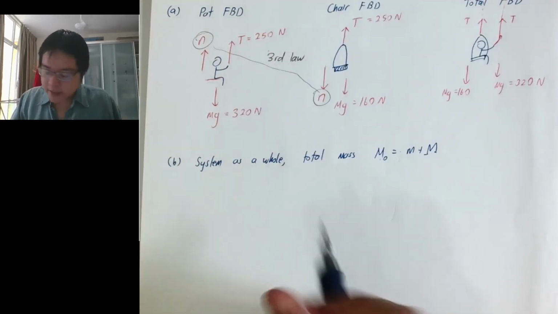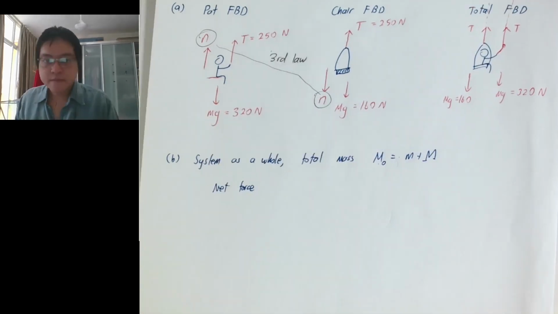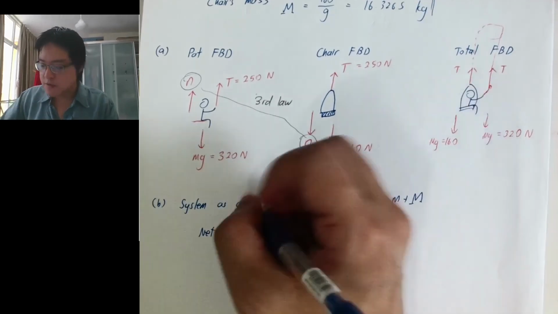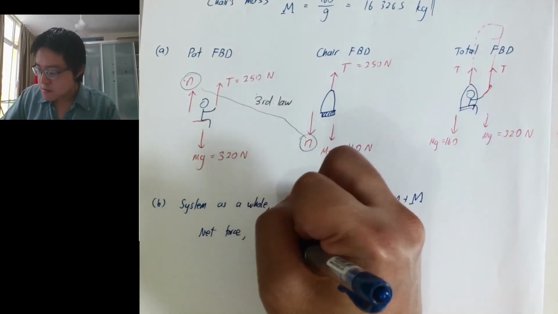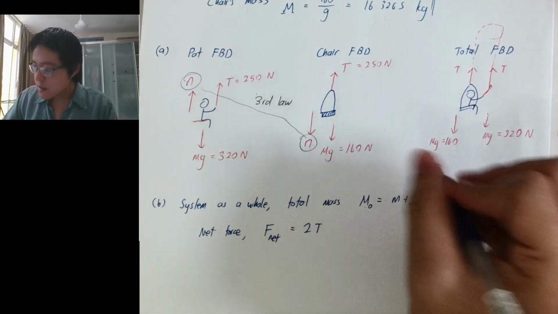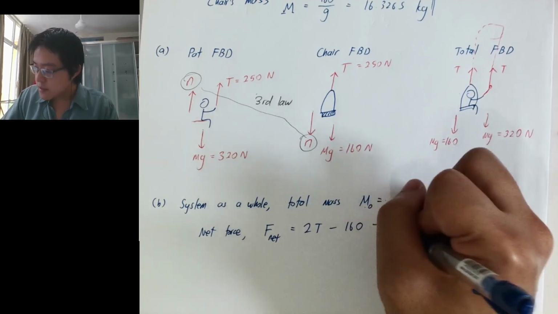Anyway, we don't need that. But what is the net force? We take upwards as positive. So the net force is T and T, so I got 2T, and then minus 160 minus 320.